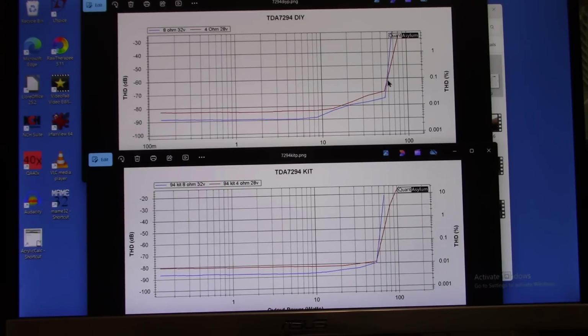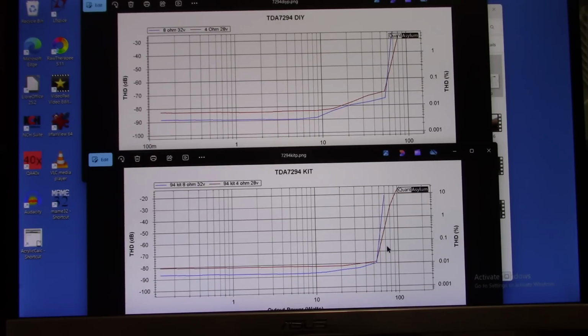Both lines are in the upper 50 watt range, maybe 58, 59 watts, DIY board. And there's some divergence here at 1%. We're around 61 watts, 8 ohms, and a little over 70 watts, 4 ohms.